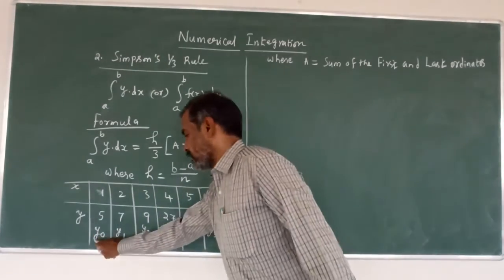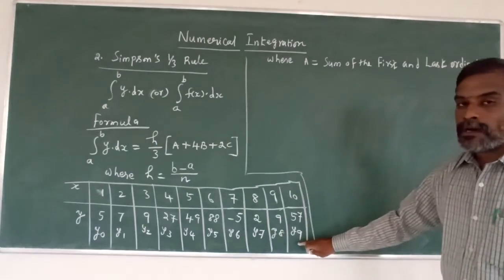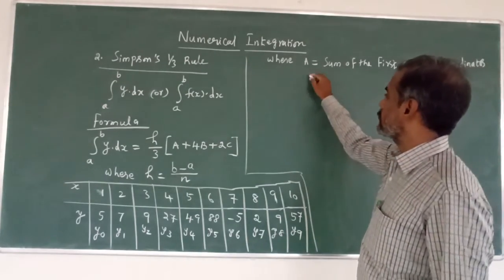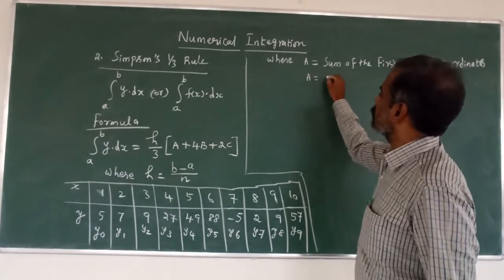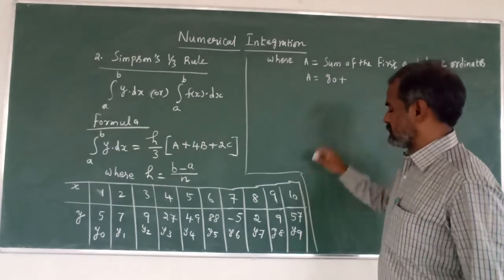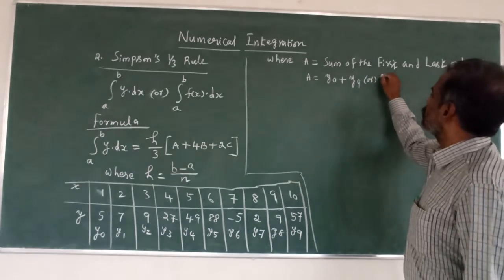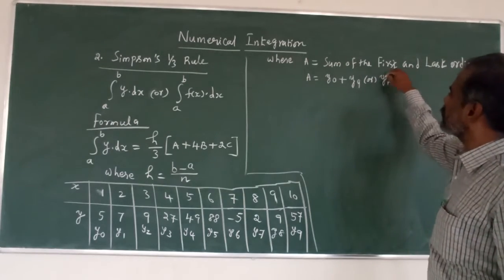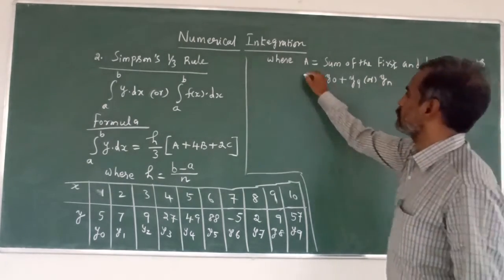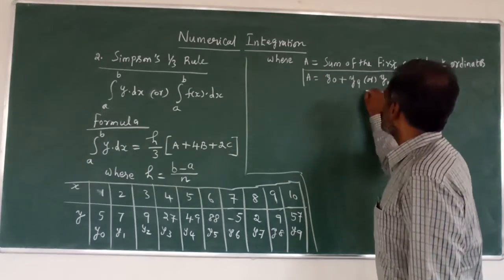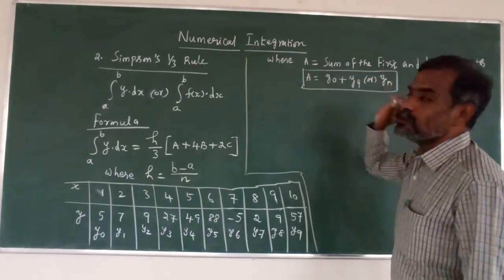This is the first value and this is the last value. So we add A equal to y0 plus y9, that is y9 or yn. We add these. This is the A value.